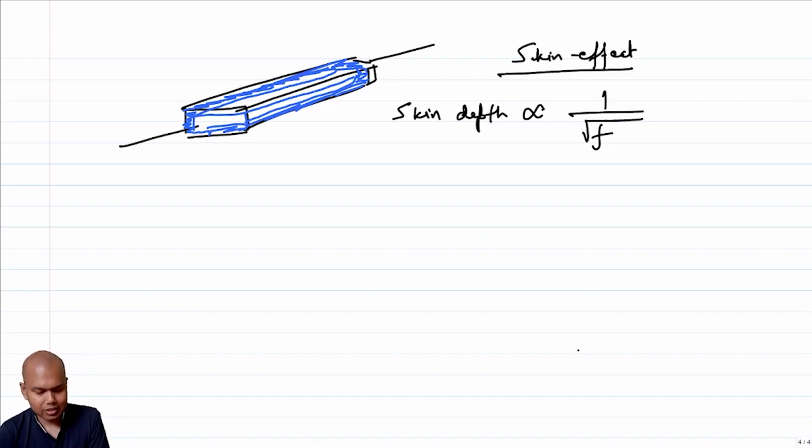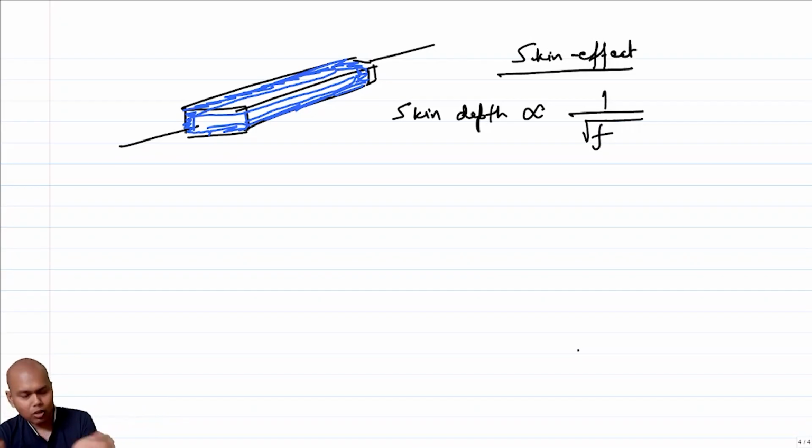What is this telling us? As the frequency increases, your skin depth reduces, which means the electric field is mostly localized around the surface of the conductor.